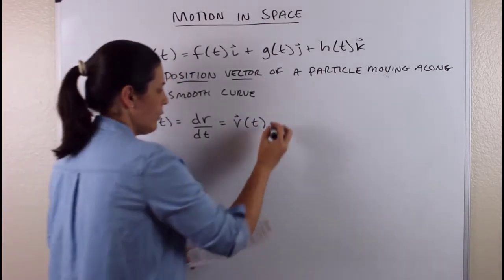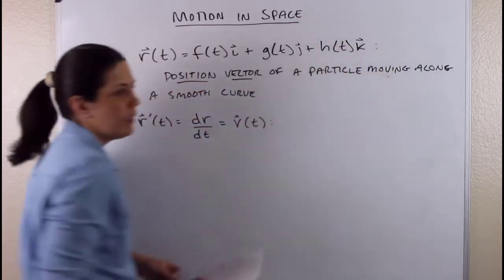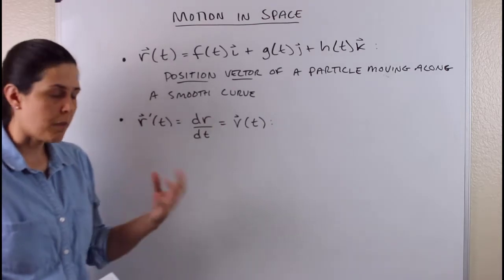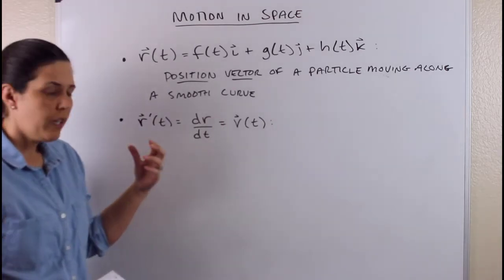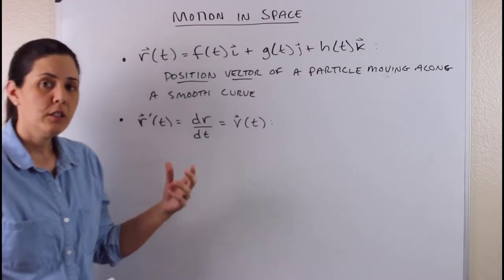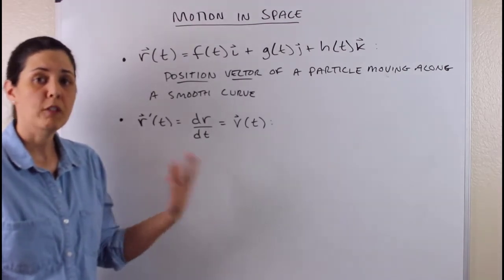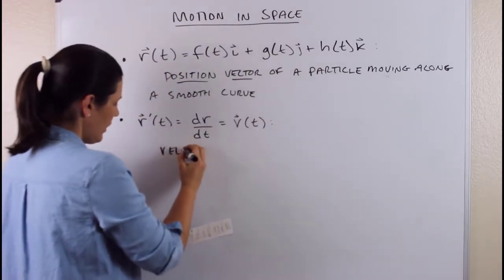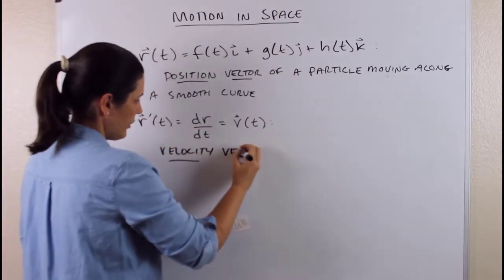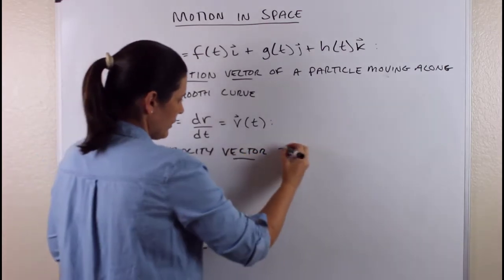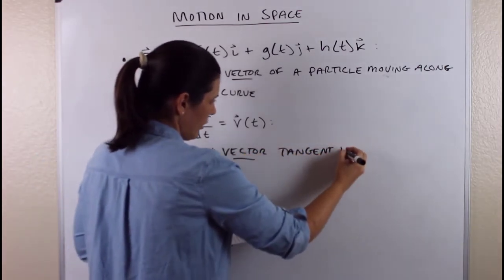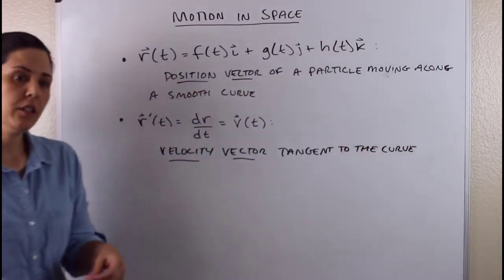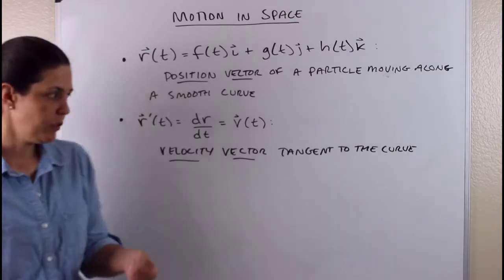If you take the derivative of the position of this object where it's at on its path, it's going to actually give you the rate of change or speed or velocity. Okay, so v for velocity. So this is the velocity vector, which is tangent to the curve at every point that you take this derivative at.